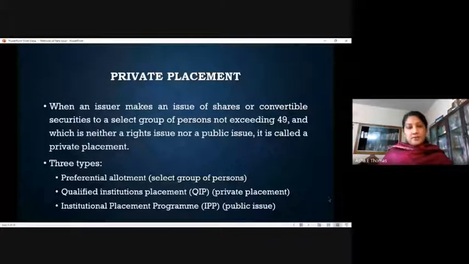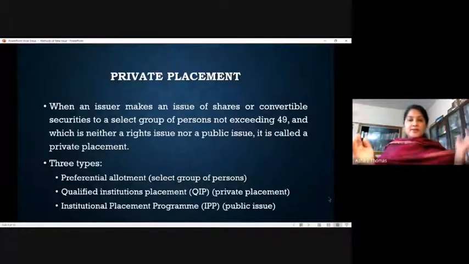Around 2012, SEBI came up with a proposal that public companies have to raise their public subscription. With this guideline, they also came up with the institutional placement program, because a QIP offer cannot exceed 25% of the total volume of the capital.